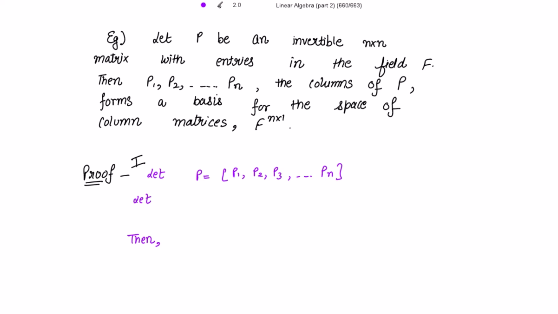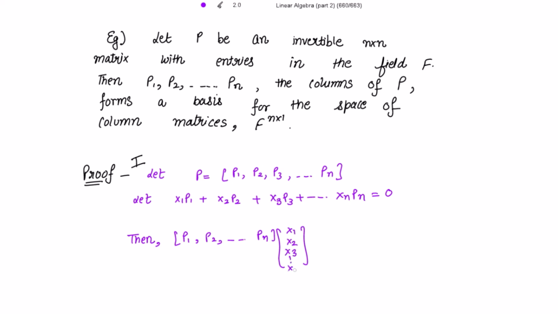Let's take the linear combination: x1 P1 plus x2 P2 plus x3 P3 and so on up to xn Pn equal to 0, right? Then this can be written in matrix form as P1, P2, and so on up to Pn multiplied with x1, x2, x3, and so on up to xn.